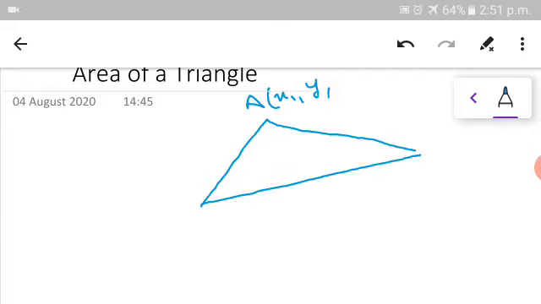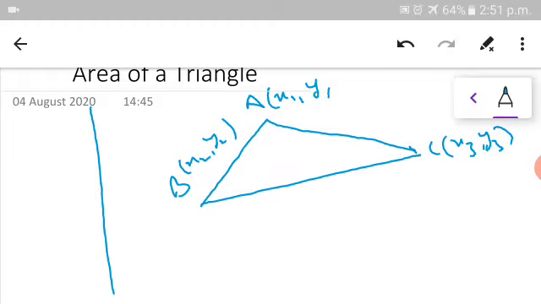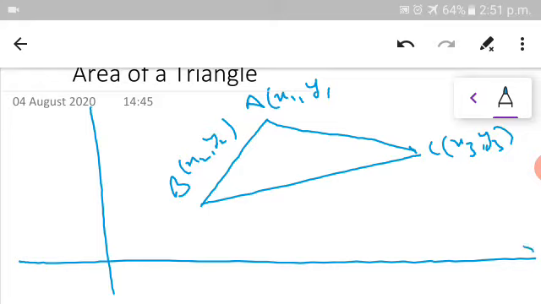This is B, coordinates of B are x2 comma y2, and this is C and the coordinates of C are x3 comma y3, and it is in the Cartesian plane. This is our x-axis, X'X, and this is our y-axis, Y'Y.